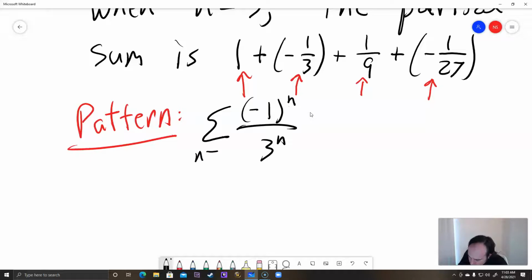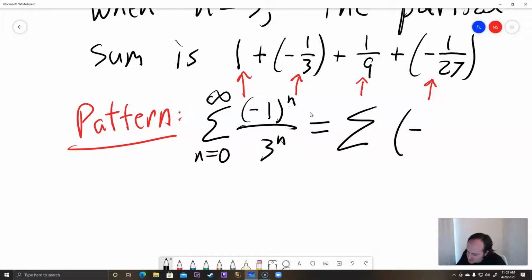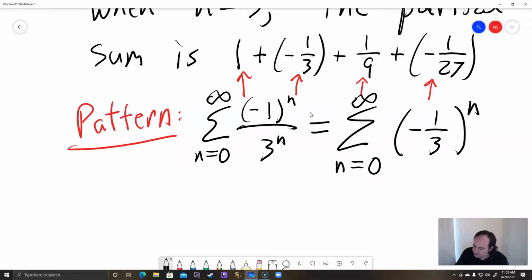They give you a formula for it, but we need to write it in a certain way because this is actually going to be what's called a geometric series. So instead of (-1)^n over 3^n, we're going to rewrite it as (-1/3) to the n, with n equals 0 to infinity.